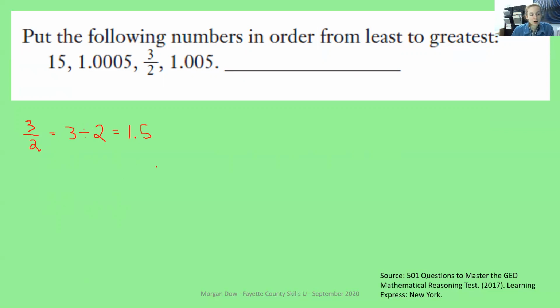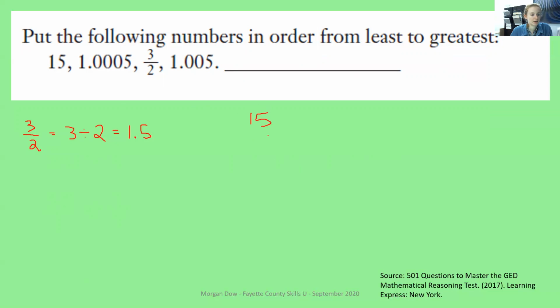Okay, so now I'm going to write out my list of numbers that are all either whole numbers or decimals. I'm going to write them out, being sure to line up the place values so I make sure I'm comparing the right thing. So 15 was the first number.